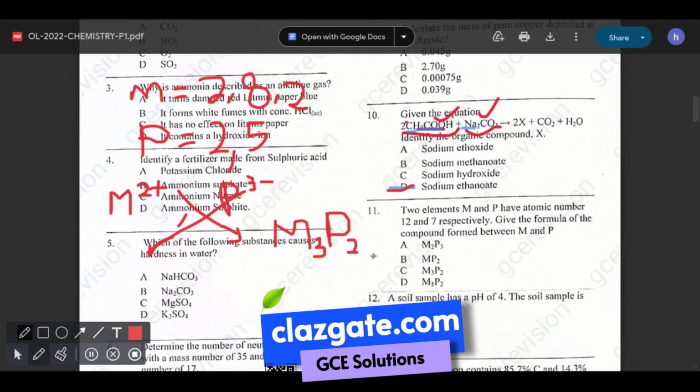So the correct answer is C, M3P2. Answer to question 11 is C.